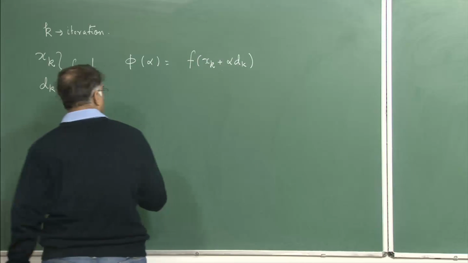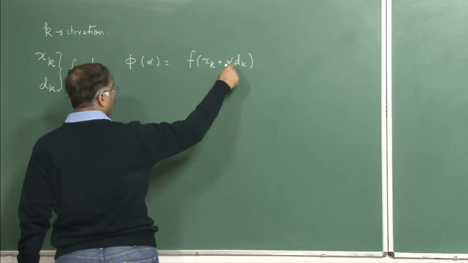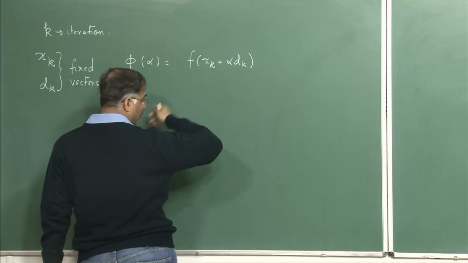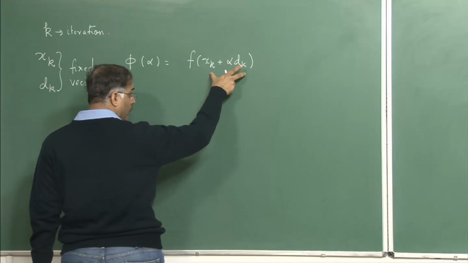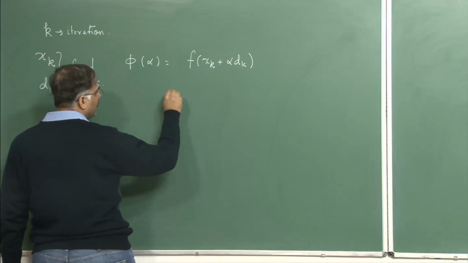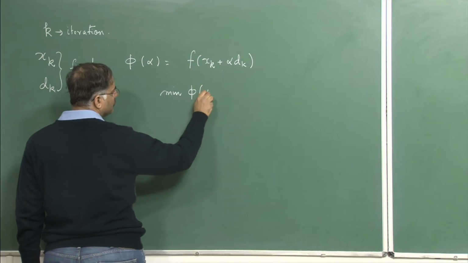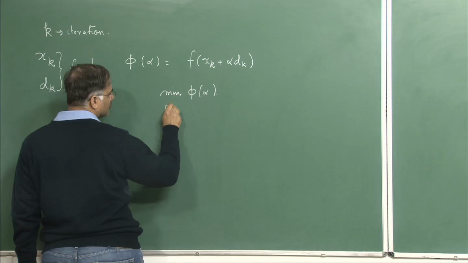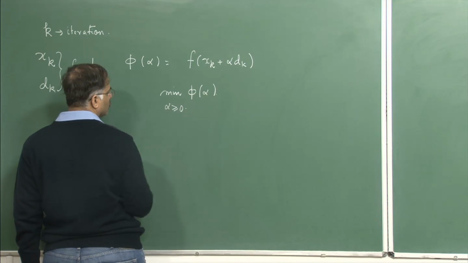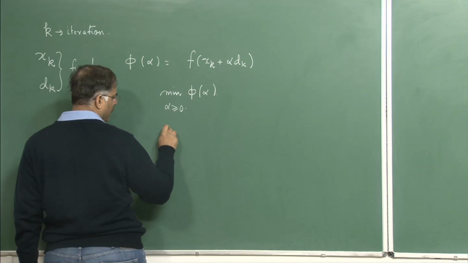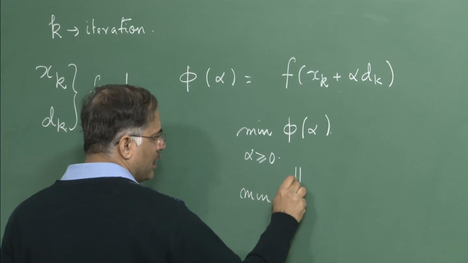The natural thing is to find an alpha for which, along this line, along the direction dk, this function value is minimized. Basically I am trying to find the minimum of phi of alpha.